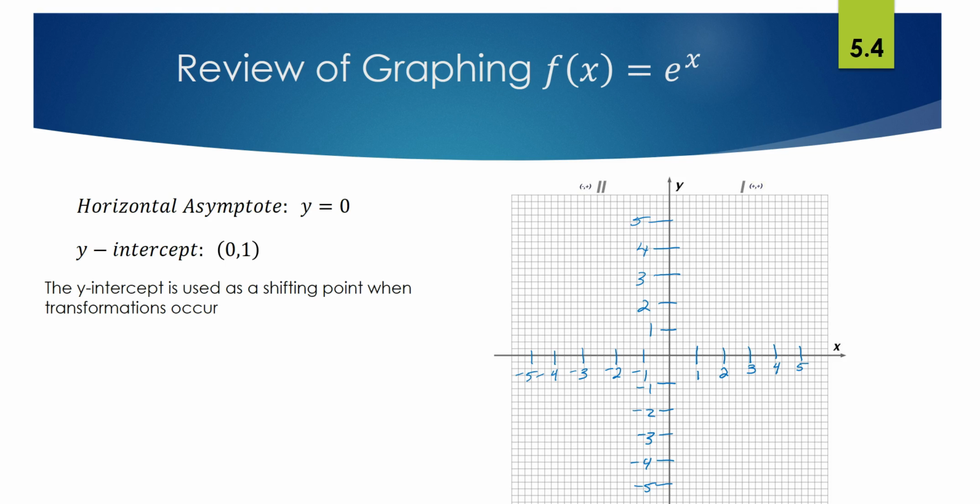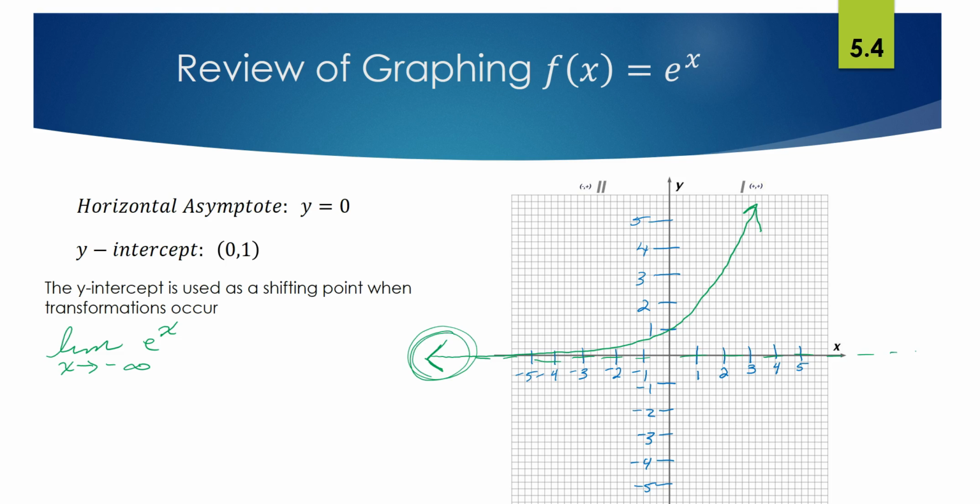So the basic graph of e to the x has an asymptote running along the x-axis, which is its guideline. It follows that asymptote until it sees that 0, 1, which causes it to shoot off in its exponential behavior. Now, when we were talking about the limit as x approached negative infinity of e to the x, we were looking at the far end behavior on the left.